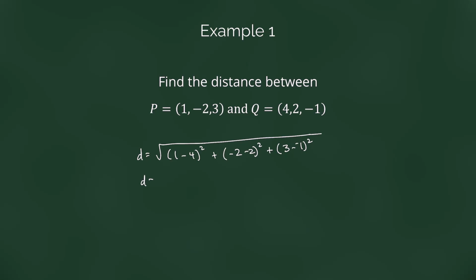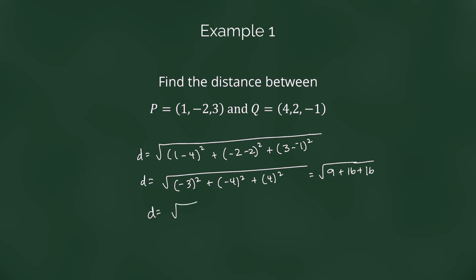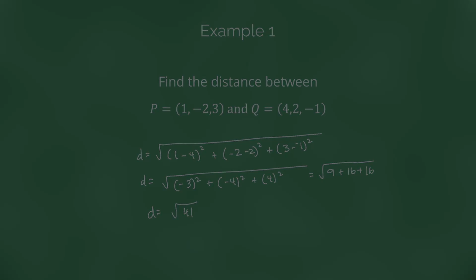So we get that our distance here is the square root of negative 3 squared plus negative 4 squared plus positive 4 squared, which is 9 plus 16 plus 16, which is the square root of 41, which does not simplify at all, since that's a prime number.